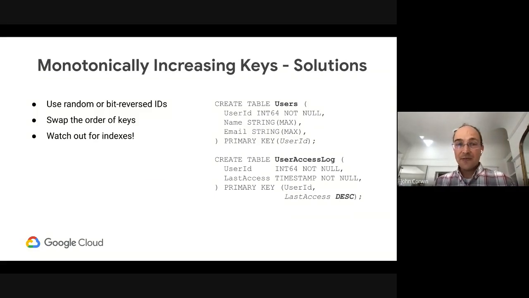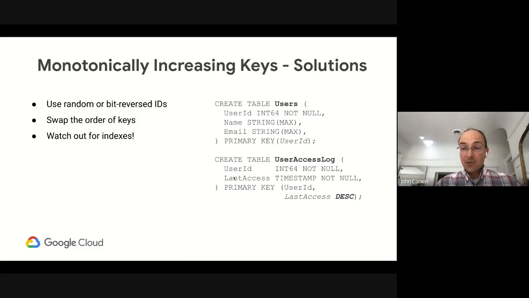Things like UUIDs are very useful here. If we have a composite key, take our example of this user access log. We have a user ID, and then we have this last access timestamp. Remember, before we had the pattern of maybe putting the timestamp as the leading component of the key. That has our concern around timestamps being increasing.